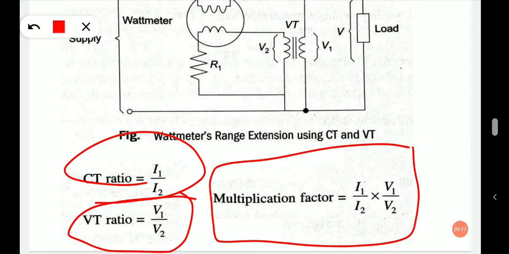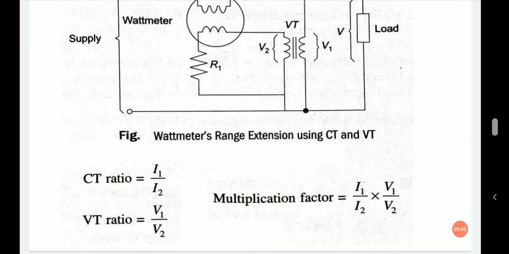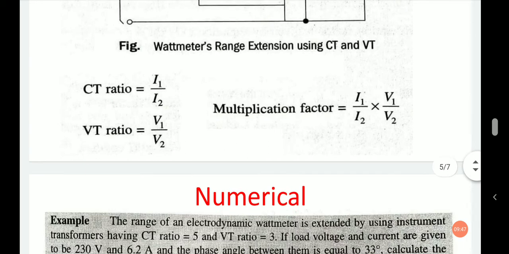The phase angle errors due to the instrument transformers must be considered to prevent inaccurate results, and the transformer ratio must be known accurately for precise measurement. Next we will see one numerical.